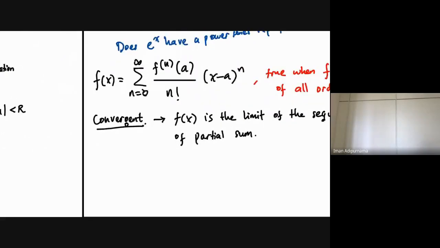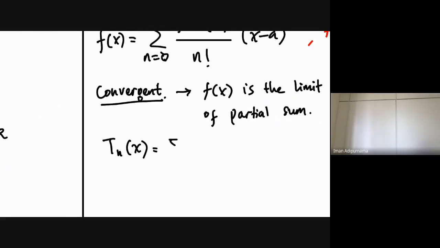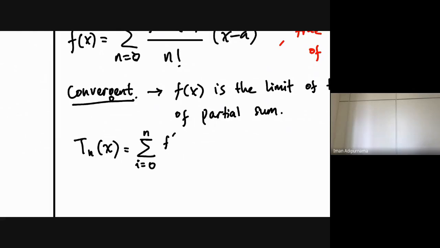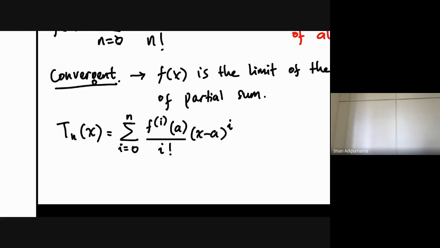Let me write T n of x as the partial sums, the sum for i until some n, of f i derivative at a over i factorial, times x minus a to the power of i.